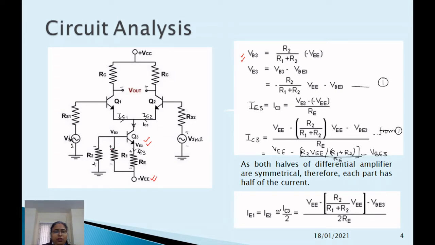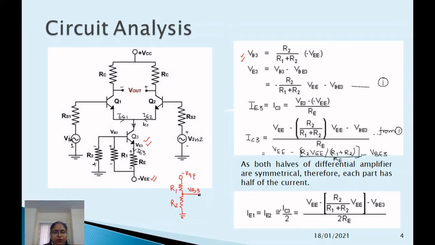If we draw this circuit, this is minus VEE, and this is R1 connected to minus VEE. This is R2, with its other end grounded.